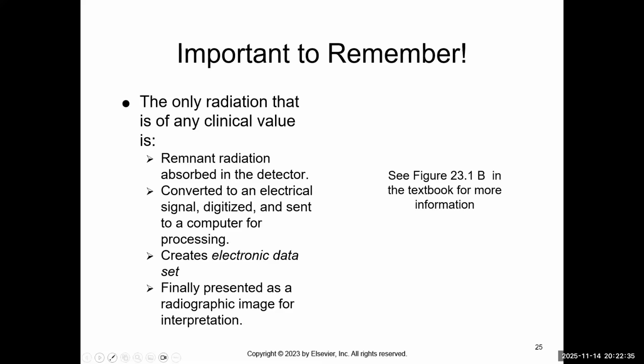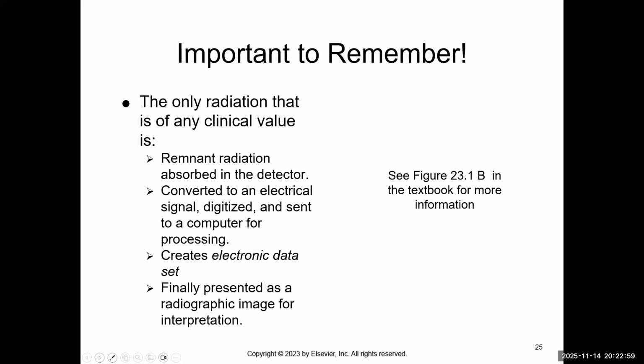It will exit the patient, interact and be absorbed with whichever type of detector you have, whether it's CR, whether it's DR. Eventually, the information that's captured will be turned into an electrical signal that is then turned into the digital data that's representative of the image that's on your computer screen.